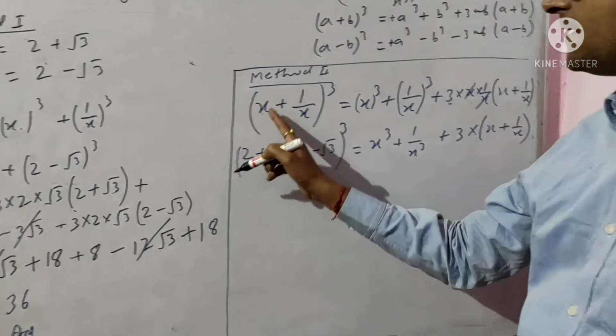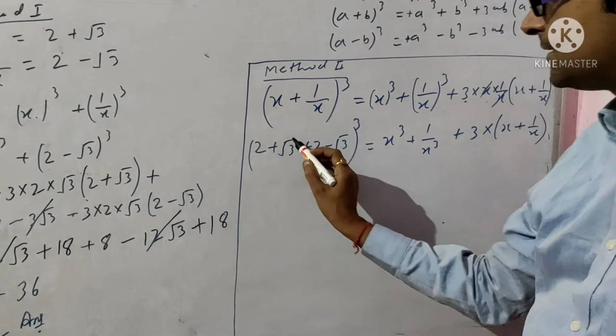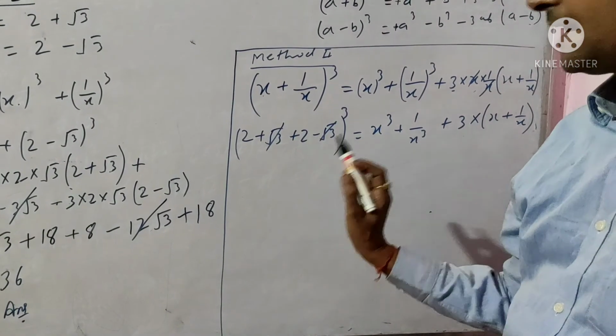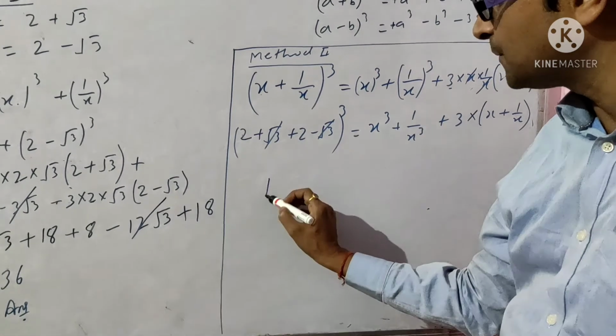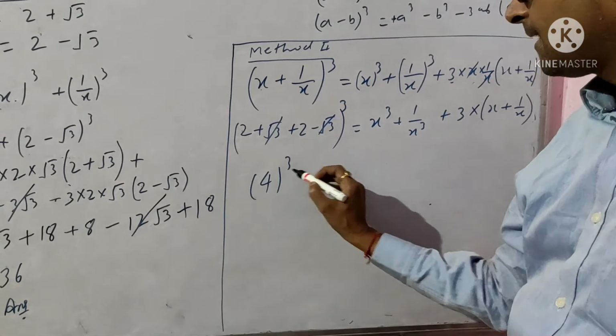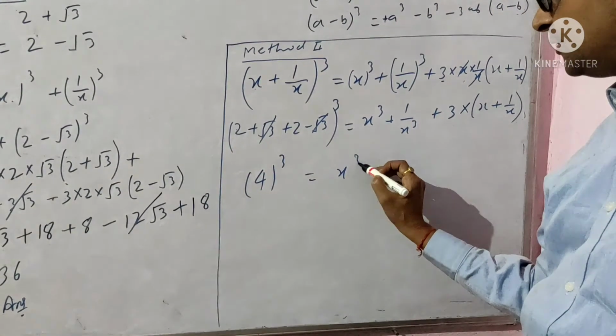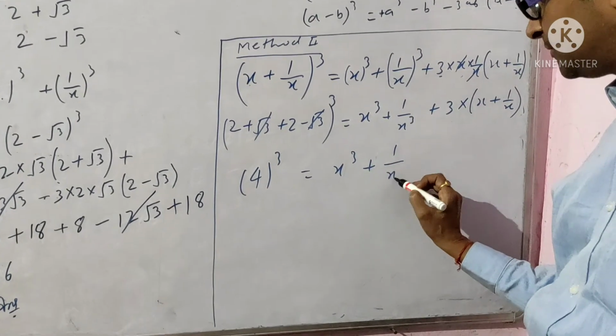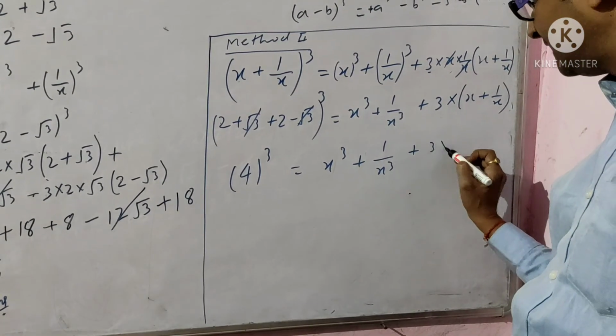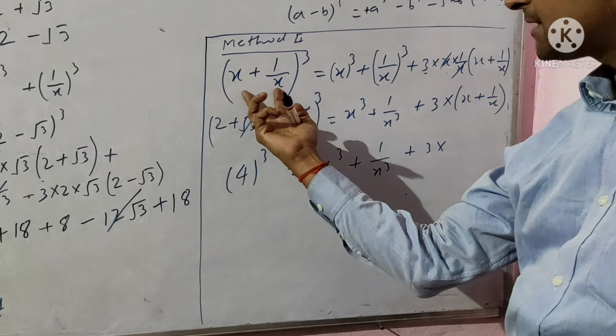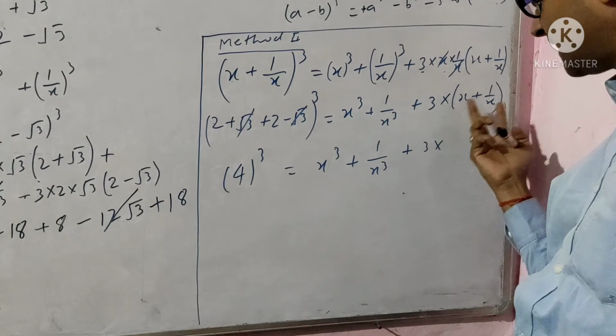Look at here student, this is the value of x plus 1 by x. So this value is cancelled. So 2 plus 2, that means 4 whole cube is equal to x cube plus 1 by x cube plus 3 into, and this value x plus 1 by x value is 4. So put here the value is 4.